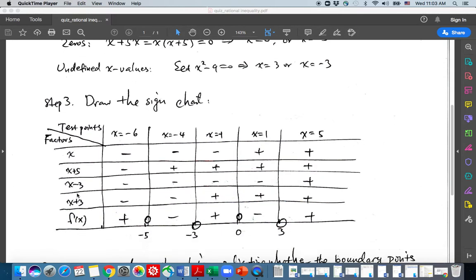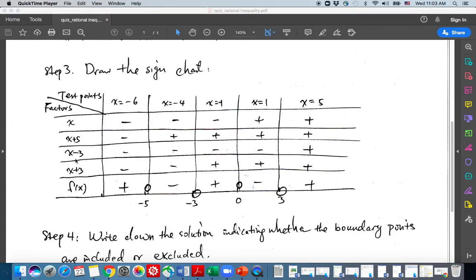And at the bottom, we have the factors being x plus 3 and x minus 3. So we're going to determine the sign of each of these factors. Well, x is -6, x is negative, x plus 5 is negative, x minus 3 is negative, x plus 3 is negative. So eventually, the sign of all these factors is going to determine the sign of this entire rational function.